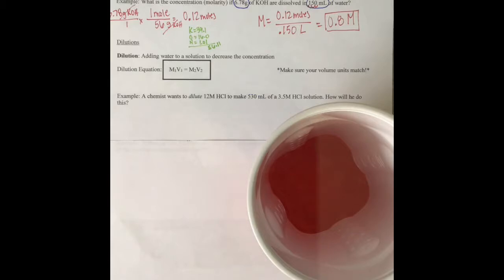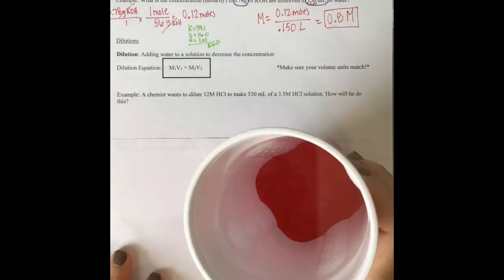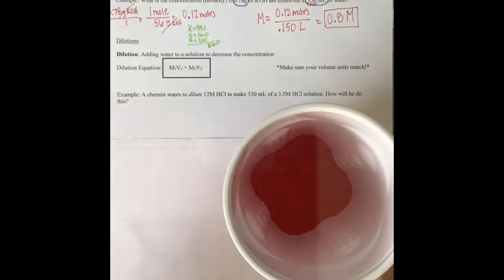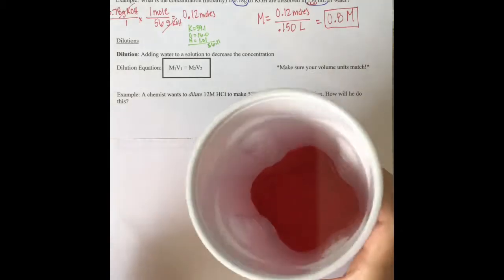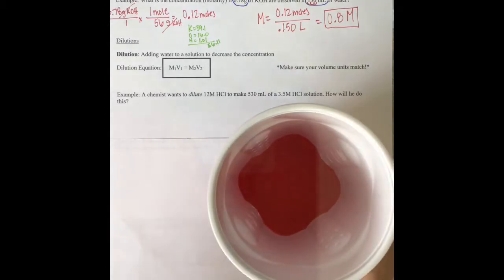All right, right along in the concentration section of this unit is something called dilutions. And I think you have a general understanding of what it means to dilute something. Let's say I made this Kool-Aid and I decided it was too strong and I wanted to dilute it. I think most of you would agree that in order to dilute something, I need to add what?